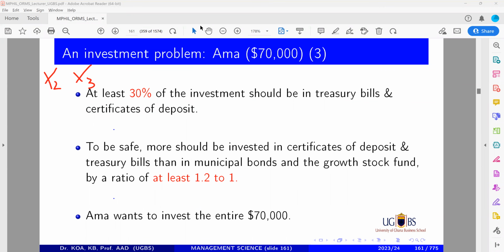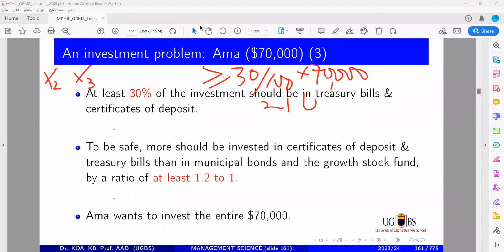It says it should be at least 30%, and that means it should be greater than or equal to 30% of the total investment, because of the "at least." That is 30% of 70,000, which is 21,000 if we do the calculation.